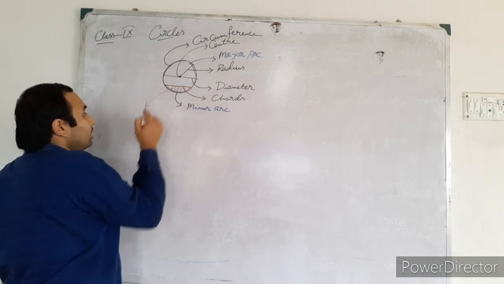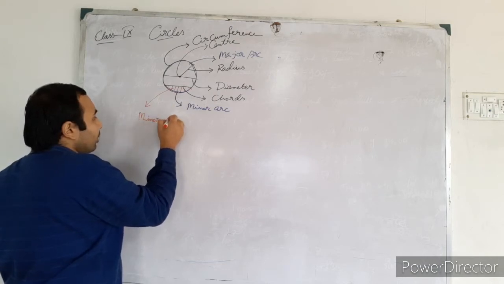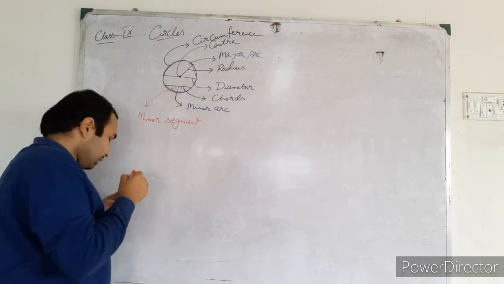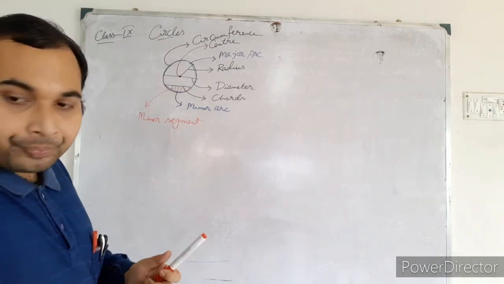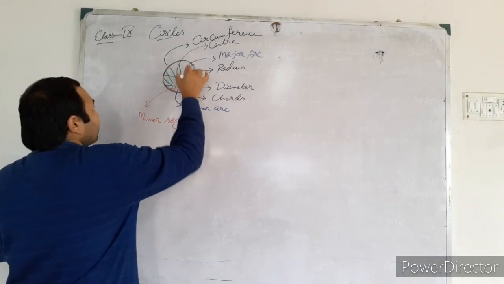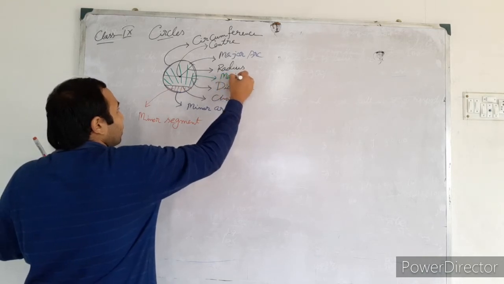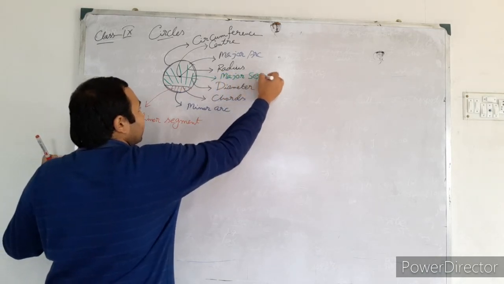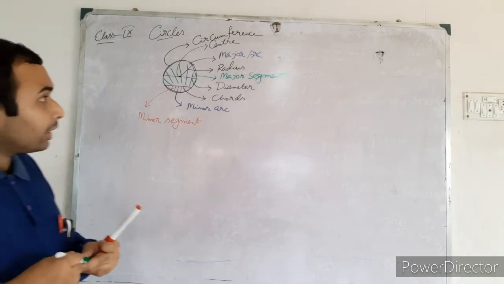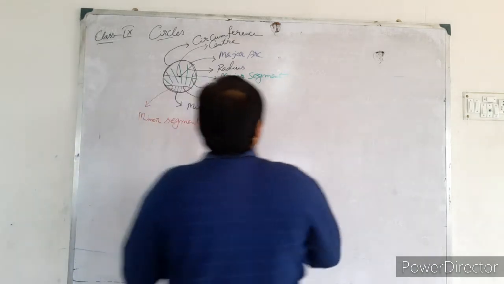This area is called the minor segment, and that big area is called the major segment. And another thing is there, I have to draw another circle for that one.